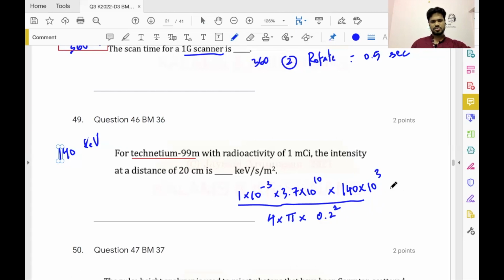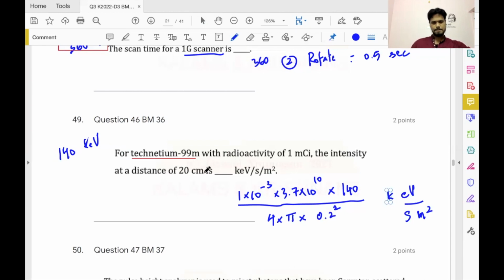So this answer should be in electron volt per second per meter square. The electron volt per second we got from radioactivity, and the meter square we got from this area. So we have things in kilo electron volts. So let's forget this 10 power 3. If we calculate this, we should get the answer.